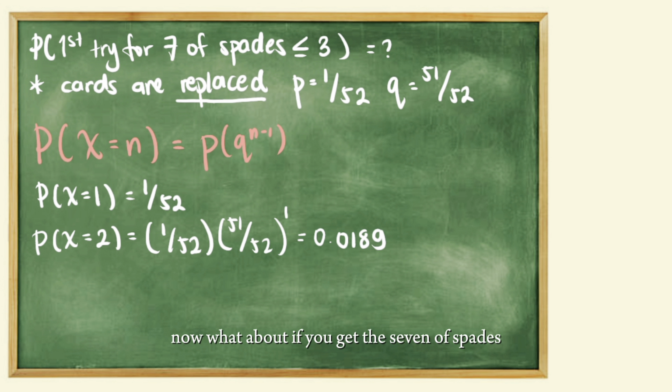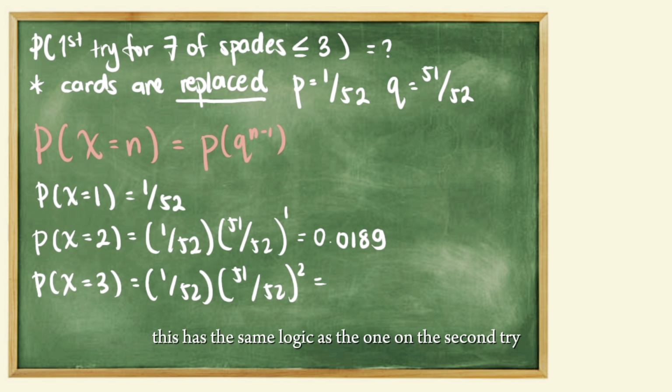Now what about if you get the 7 of spades on your third try? This has the same logic as the one on the second try, except you failed 2 times, so it's going to be 51 out of 52 to the power of 2, because you're going to fail 2 times and then you're going to succeed, so you multiply it by 1 out of 52.